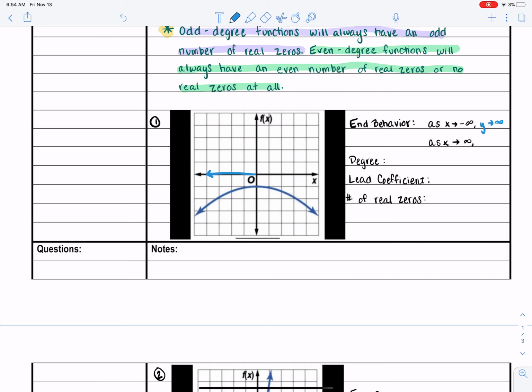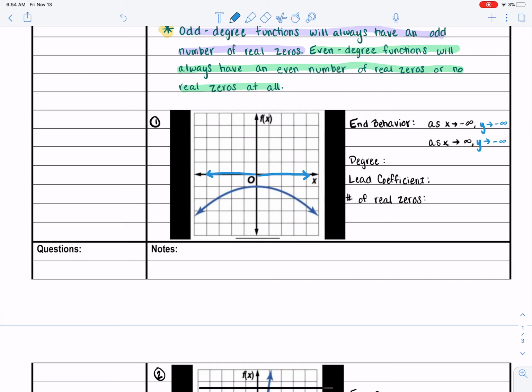As x approaches infinity, as we look to the right, the y values are going down, so they're approaching negative infinity. And as I go to the right, they're also approaching negative infinity.